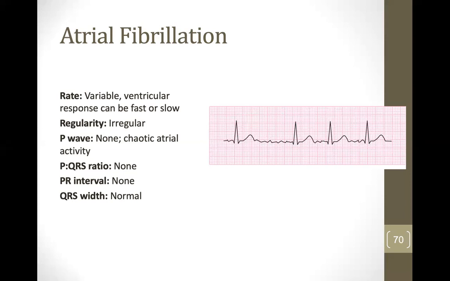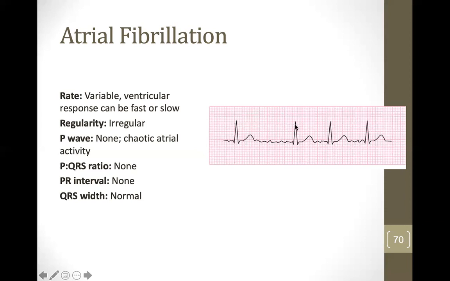What happens when this is occurring is that it's not sure which one's going to go through. So they go through at different times, which means our regularity is irregular. It is not as regular as what it would be with our sinus rhythms.